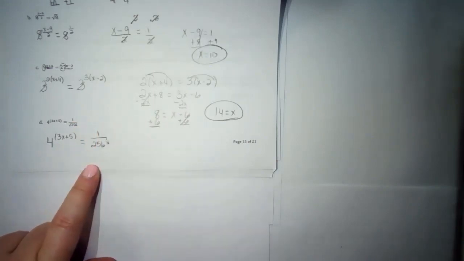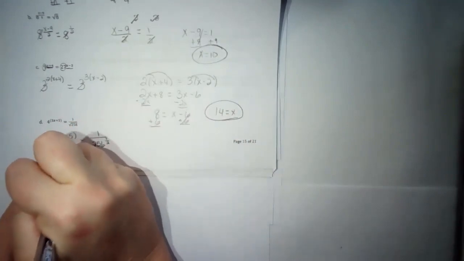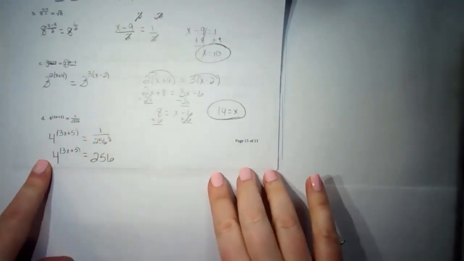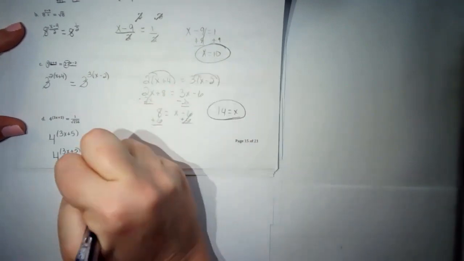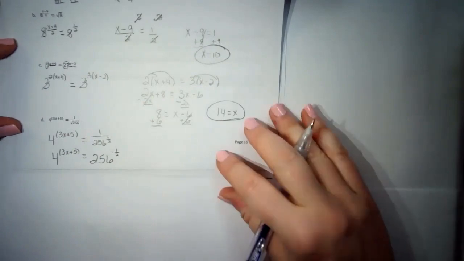Okay, good. Now stay with me here. I don't want a fraction. I want it to be on the same level as the 4, so I can rewrite it up in the numerator, up in the top. But what happens to its exponent of positive 1/2? It becomes negative 1/2.